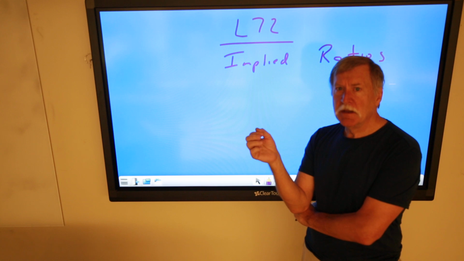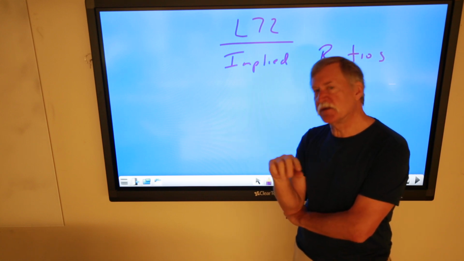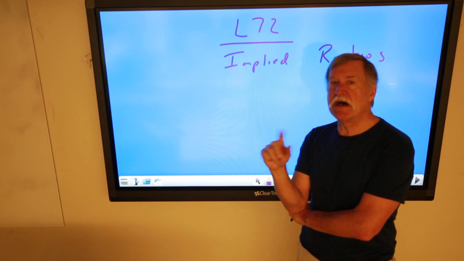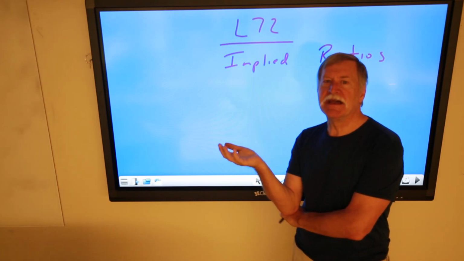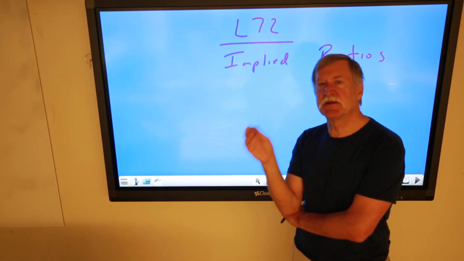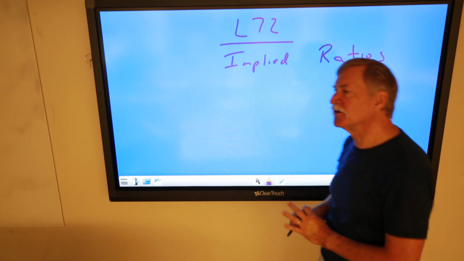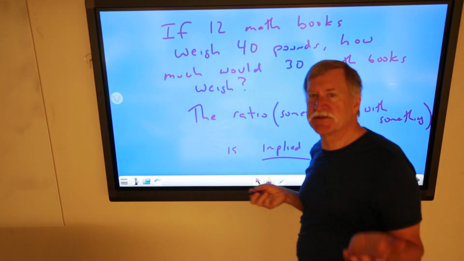And so forth. Now we get a little more clever by understanding that the ratio is going on without actually using the word ratio. In other words, the idea of a ratio is implied, not specifically stated with the word ratio in the problem. So it's just a matter of recognizing what's going on.